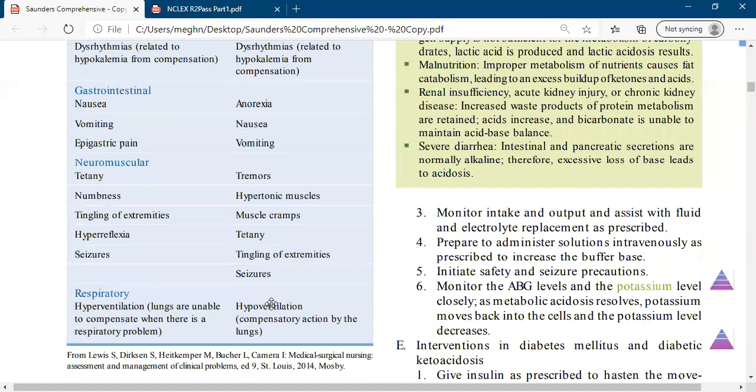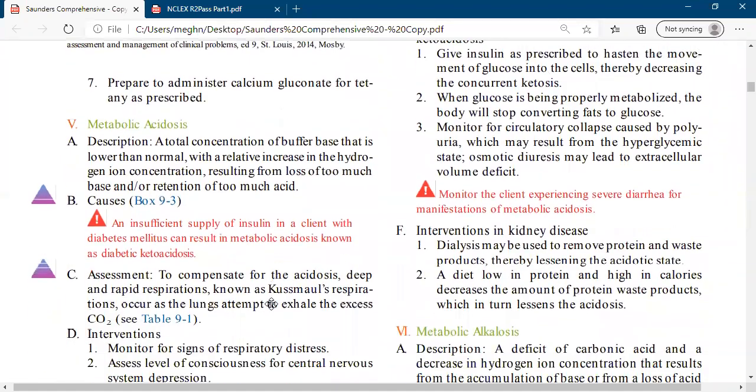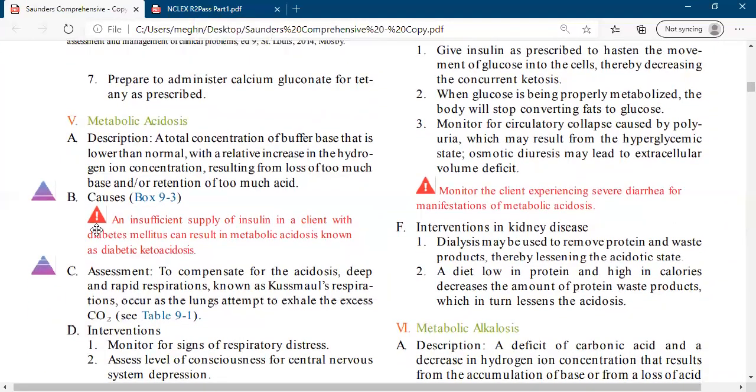And now go to another note about metabolic acidosis. A total concentration of the buffer base that is lower than normal. So a buffer is a substance or protein that can balance acid and base in the body.